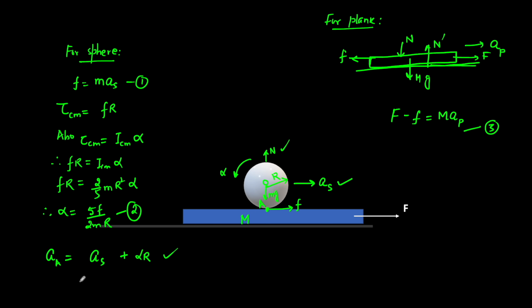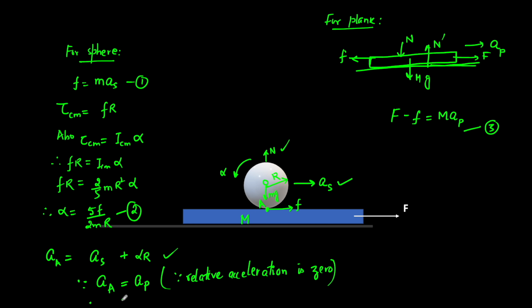Now continuing the question, since the point of contact is at rest with respect to the surface of the plank, it means acceleration of A is equal to acceleration of the plank. There is no relative motion between the point of contact and the surface. So it is a case of perfect rolling, since relative acceleration is 0.